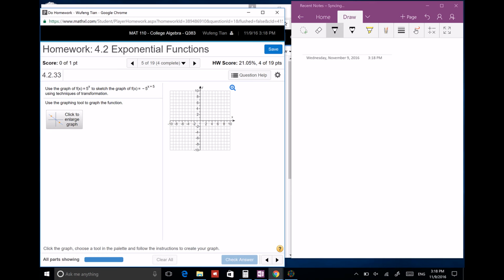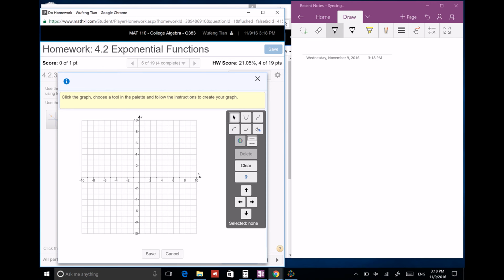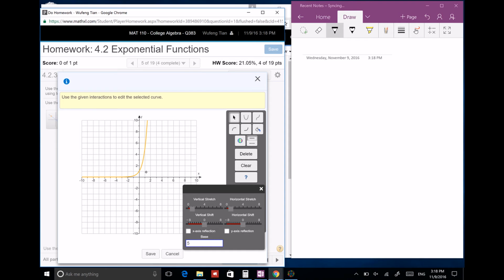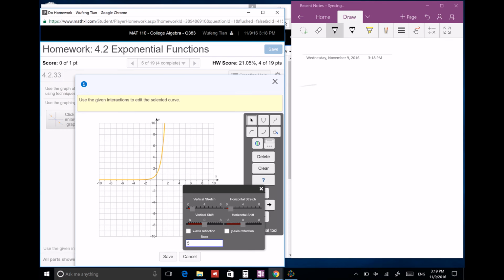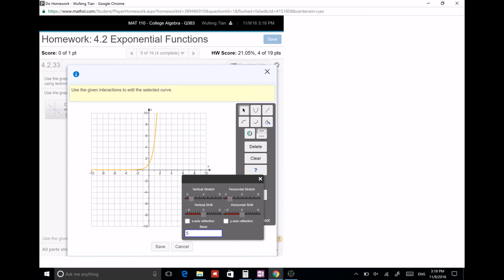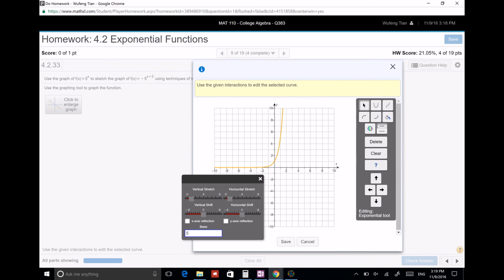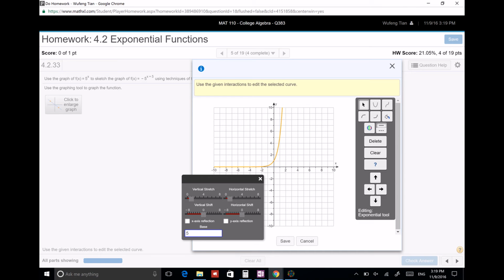Okay, so graph the function. Use the graph of 5 to the x to sketch the graph of that. How do you graph it? It tells you the base equals 5, and x plus 5.